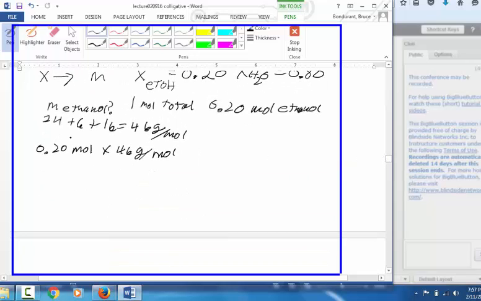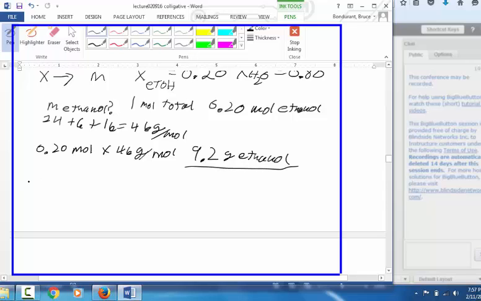So 0.2 moles times 46 grams per mole would be 9.2 grams of ethanol.